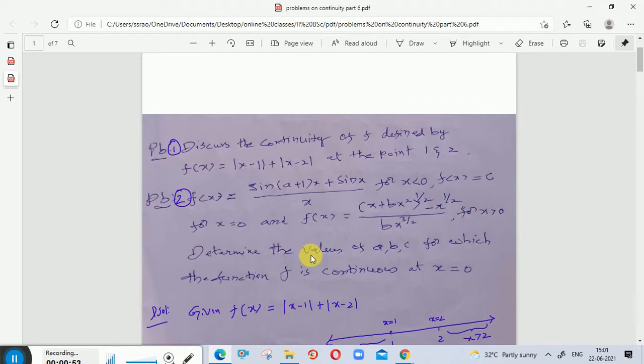Determine the values of a, b, c for which the function f is continuous at x equal to 0. This function is continuous at the point x equal to 0, and we have to determine the values of a, b and c.